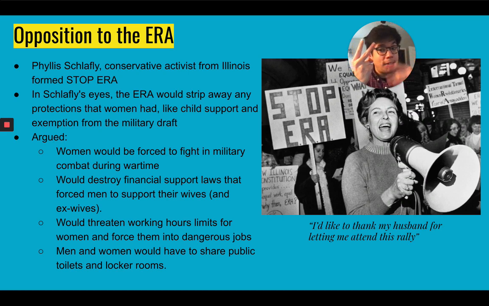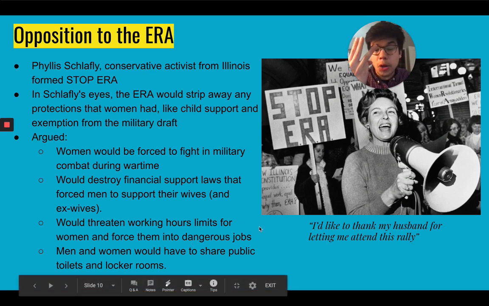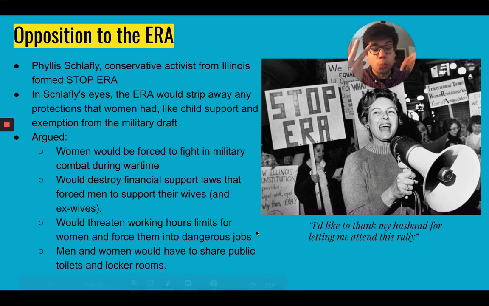She was saying that if the ERA passes, say goodbye to alimony, say goodbye to child support. At this time, there were also limits on the number of hours that women could work in some places. Women also often faced discrimination, especially for dangerous jobs like construction or cutting down trees.